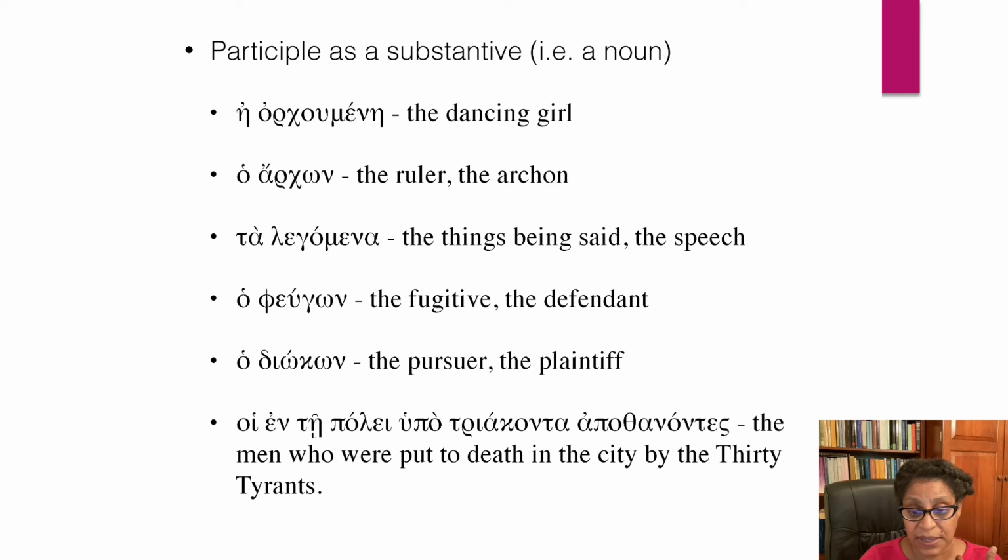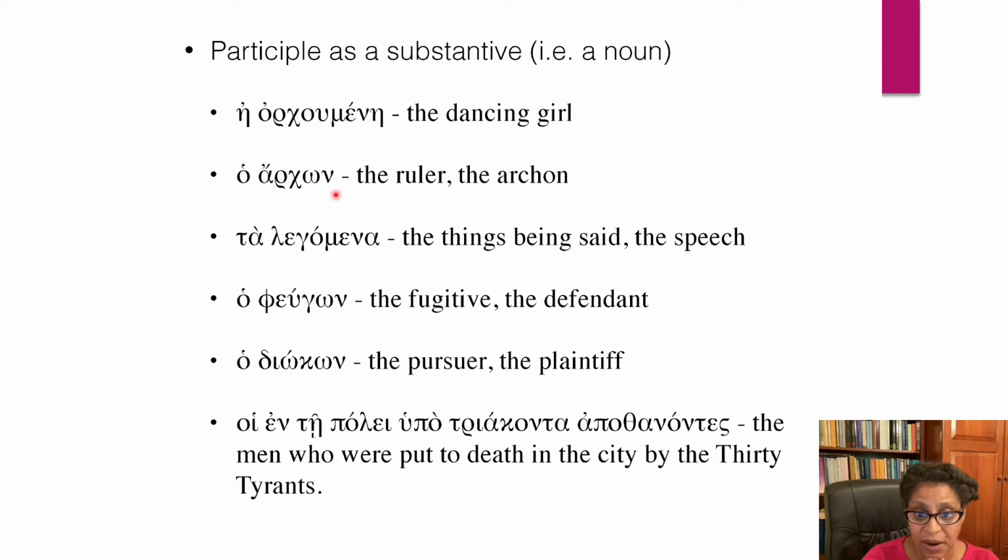The article with the participle in the attributive position can also just be used as a noun. So if we want to say the dancing girl, or the dancing woman, we can say hei orkumene, right? So the article with the participle gives us the noun, and perfect participles especially are used this way to indicate nouns.